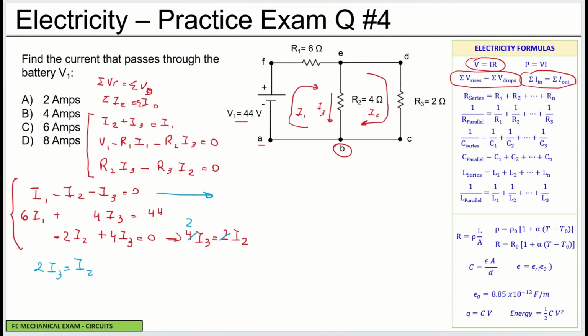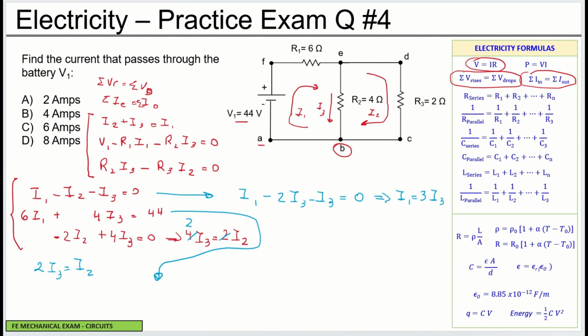So I1, I cannot replace anything, minus I2, which is 2I3, minus I3 equals 0. Basically, I have I1 equals 3I3.